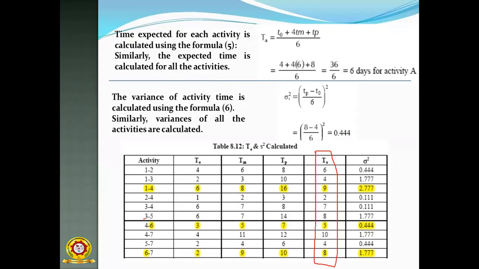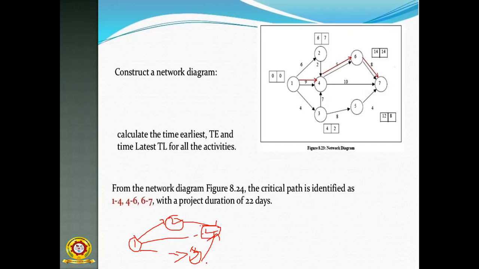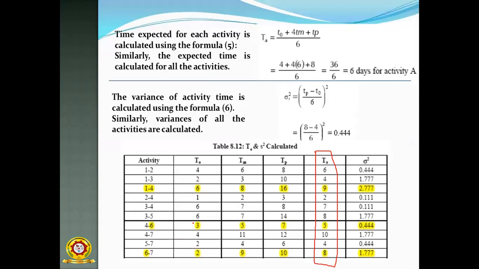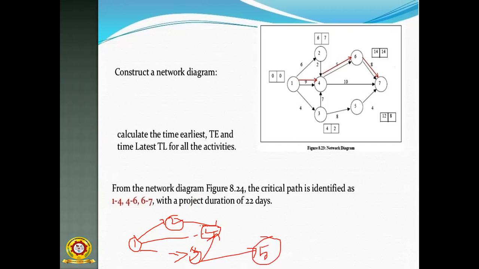Then the next activity is 3 to 5. From the third event, there is a fifth event. Then next one is 4 to 6.